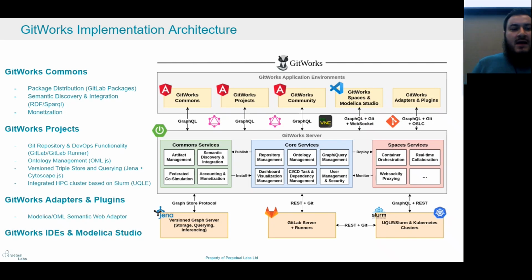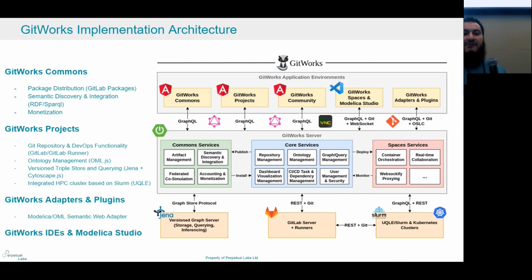And then we pair that with a versioned triple store that we developed in-house, extending the TDB2 from the Jena project to support materialized versions and fast time travel queries based on your data set. For every commit in the repository, we have an associated triple store for that particular commit.